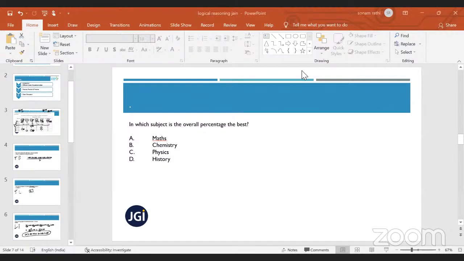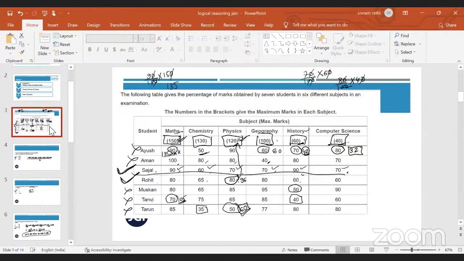Yes, for all the students. So the maths row I will add. I will add this entire thing. Maths, then chemistry total, then physics total.